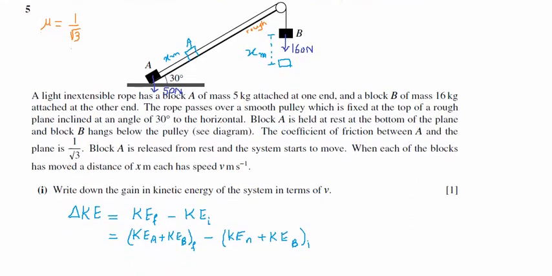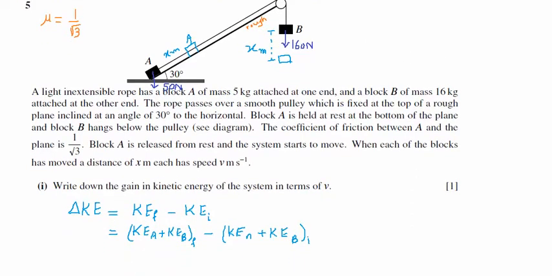If you see the diagram, the speed of this is 0 meters per second, and the speed of this is 0 meters per second, because it is released from rest. When it has covered x meters, the speed of this is v meters per second, and when it reaches here, its speed is v meters per second.